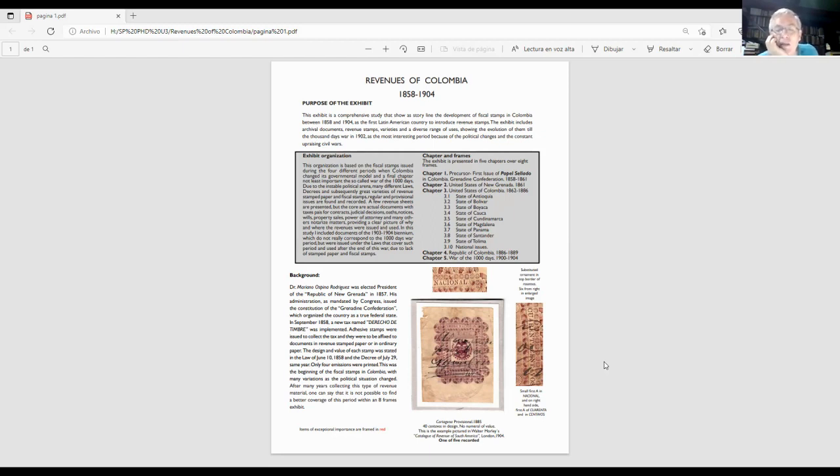Putting it on the title page, if there is an item that you have that really does not fit comfortably within the exhibit, and you're left scratching your head wondering where am I going to put this item, sometimes putting it on the title page can solve that problem, because you have nowhere else to put it.